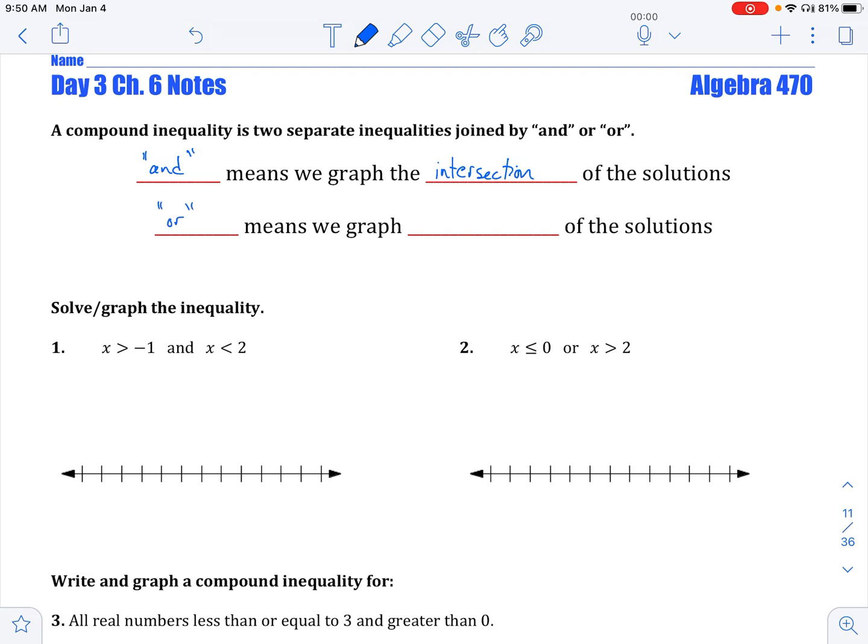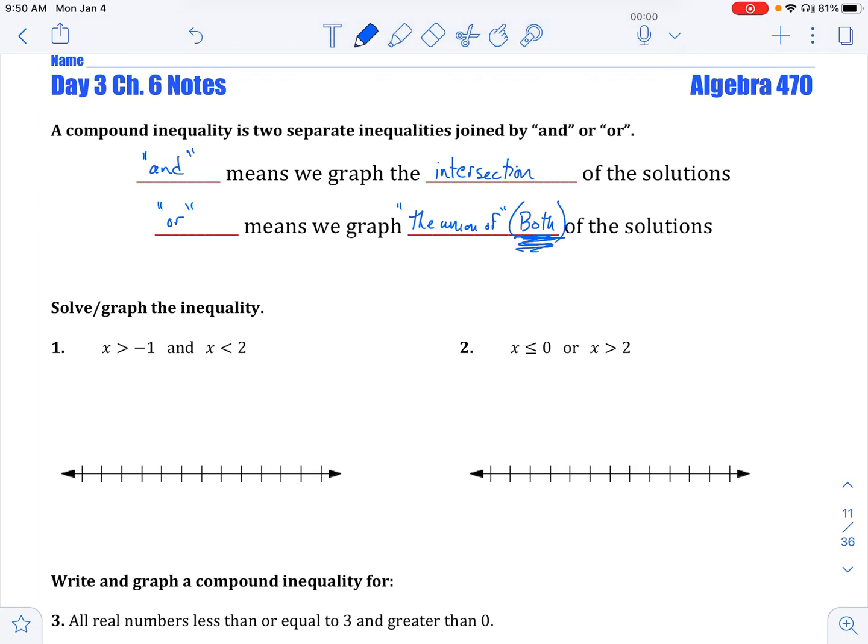When we talk about "or", we're going to be graphing what is called the union, or maybe easier to think about, both of the solutions. So the word "or" means that we're going to graph what we mathematically think of as the union of each of those inequality solutions. Or what you may want to consider is that this is just graphing both.